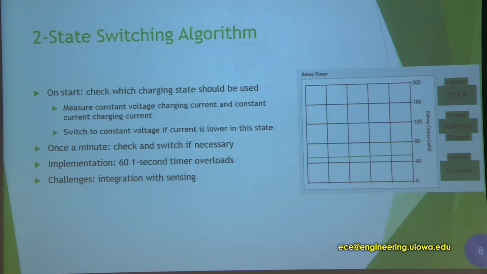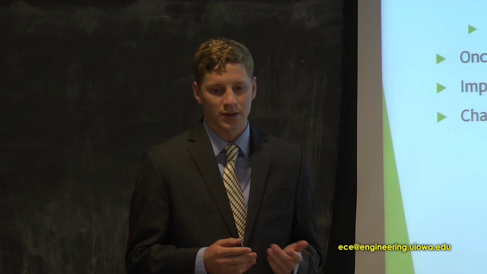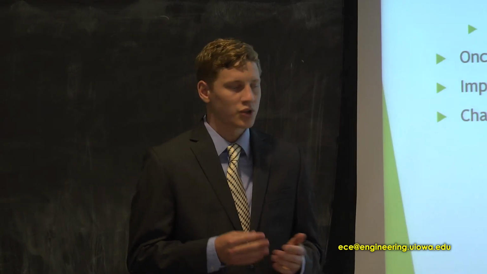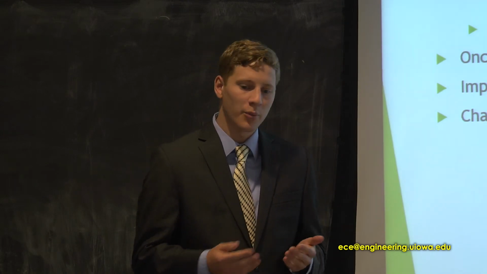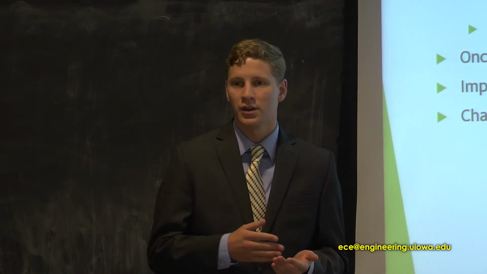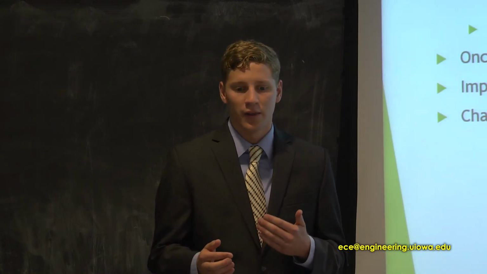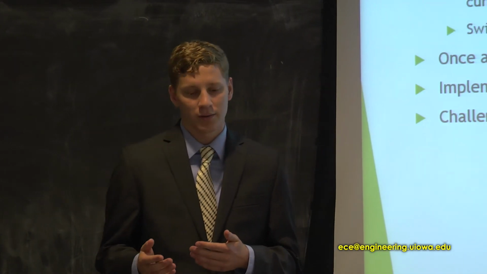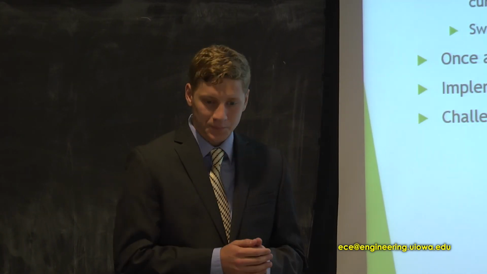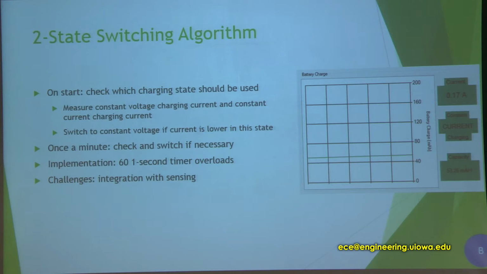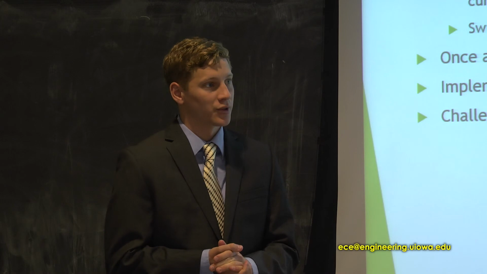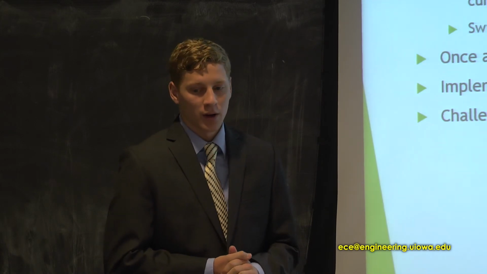Once a minute, we check these two states to see which current is lower. If the constant voltage charging current ends up lower than that of constant current, then we switch the states. In the firmware, this is implemented in a one-second timer overflow, counting to 60. Again, the challenge with the firmware overall is just integration with the rest of the things that we're doing, which is quite a bit actually, with the Arduino.